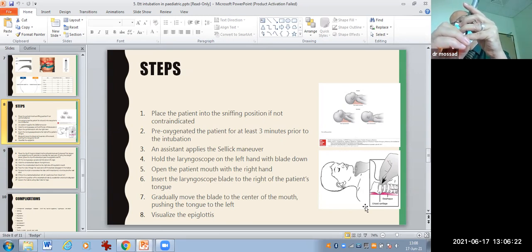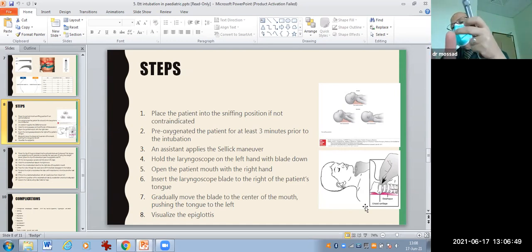And then I will come slightly until I can see the epiglottis. Sometimes I need to elevate. Some people do this movement, which is contraindicated. Must carry, as all. If you did it like this, you are causing trauma here, okay? So you must carry this one until you see the vocal cord, okay?